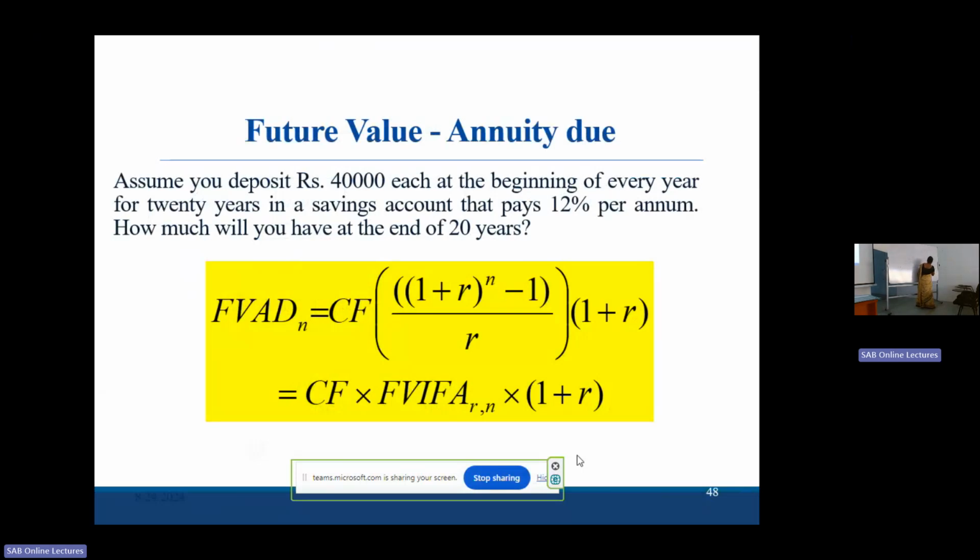This ordinary annuity factor you have to avail, and adjust for the due case by multiplying by 1 plus r. 1 plus r means here 1.1. So you will get the same marks. Check whether you are getting it using the formula also.